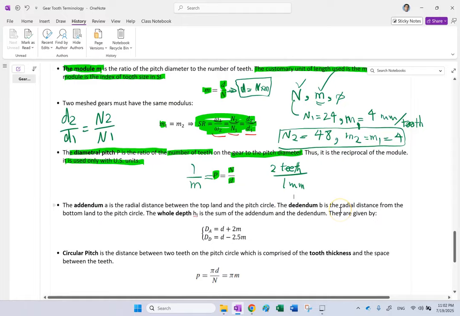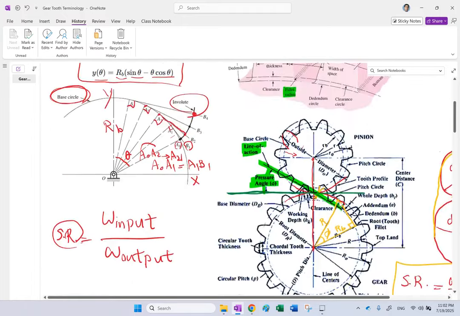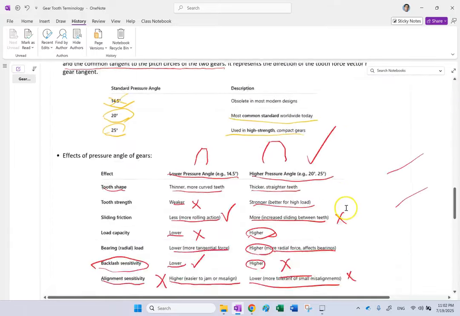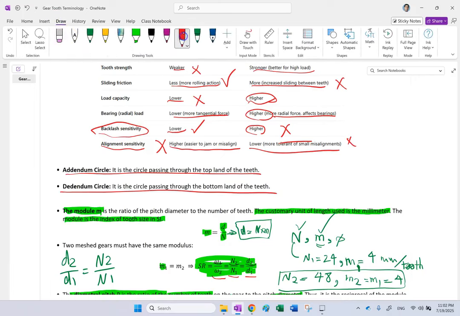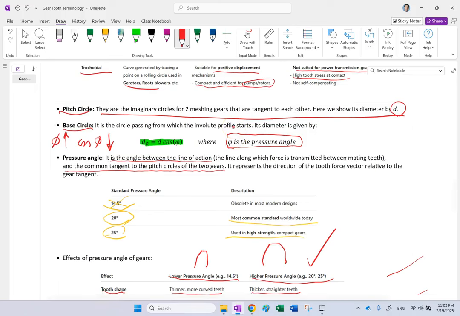Now, one thing that you might say is, okay, you gave me a formula for the diameter of the pitch circle. You said that the diameter of the pitch circle is D equals N times M. Also, I have a formula for diameter of the base circle, D times cosine of phi.